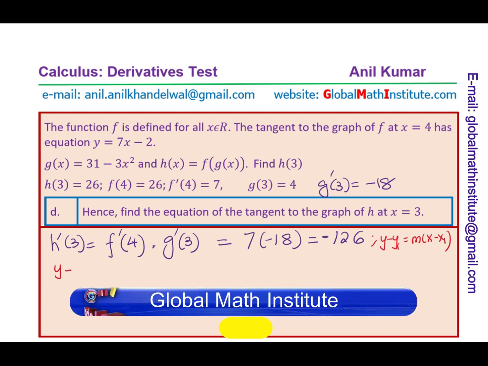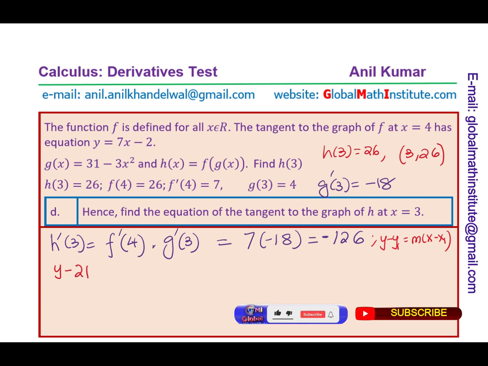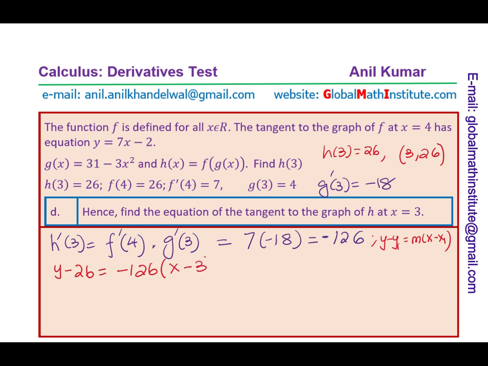So the point is 3, 26, correct? So the y value is 26. So y minus 26 equals the gradient, which we just calculated as minus 126, times x minus the value 3, right? So that is what it is.